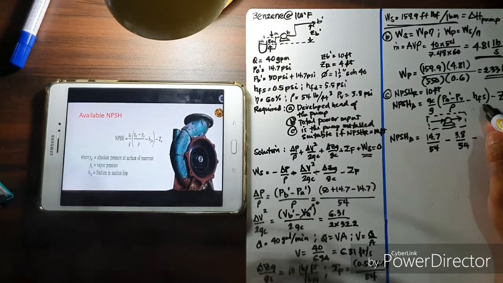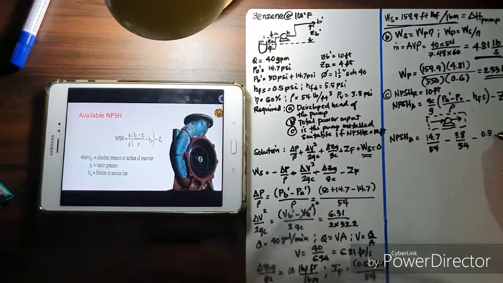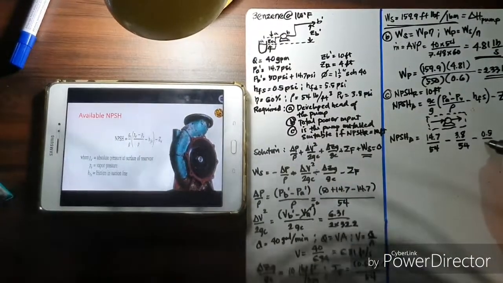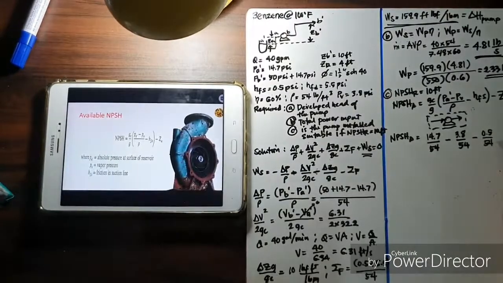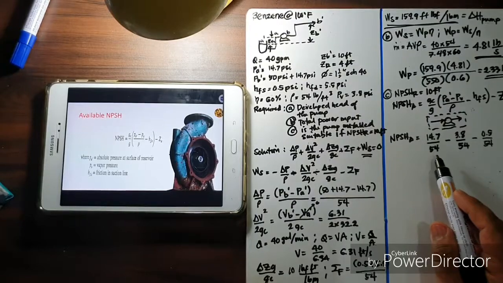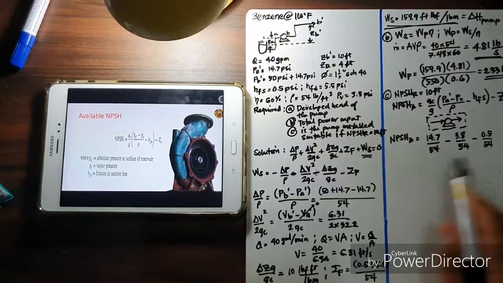Our HFS is only 0.5, which is in PSI, so to convert, divided by 54. Then you multiply everything with 144 to become foot-pound force per pound mass, all of them.